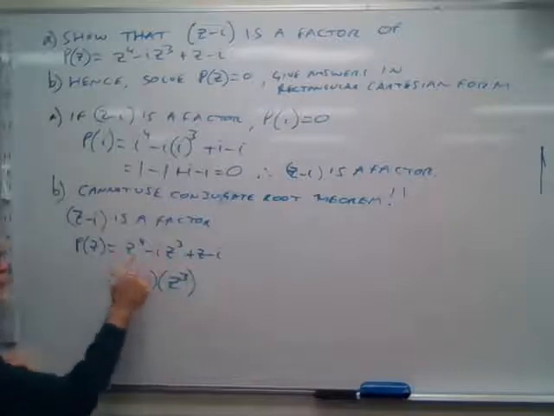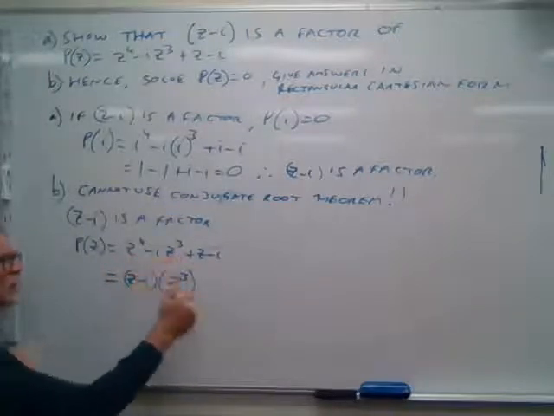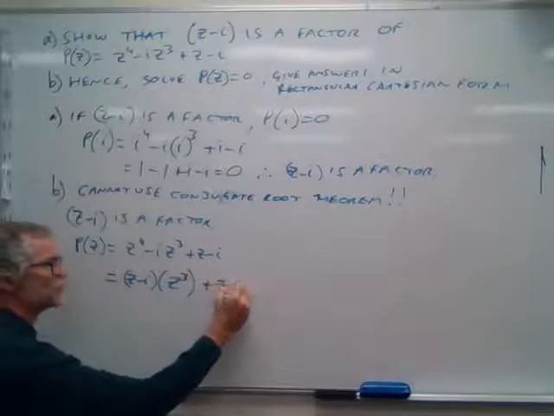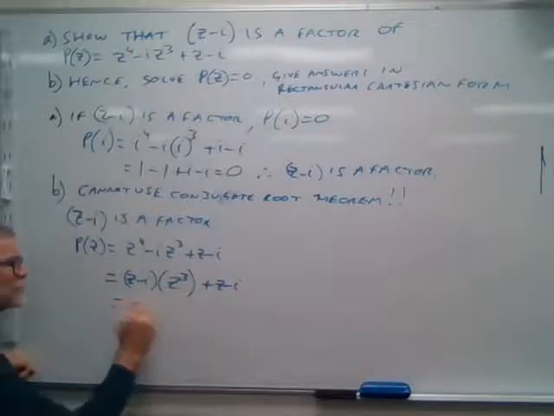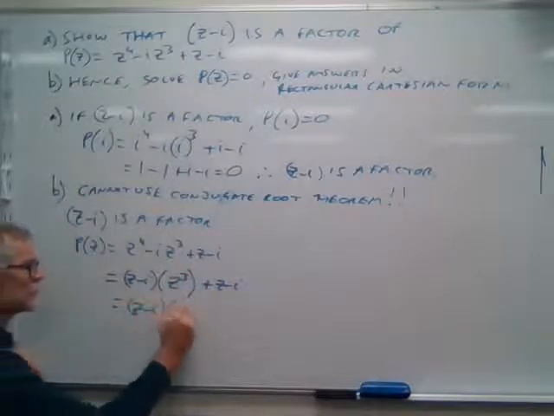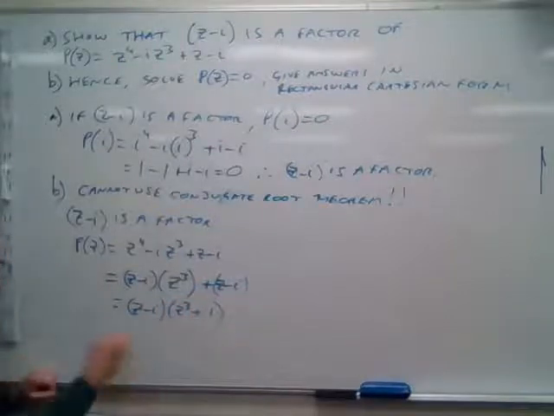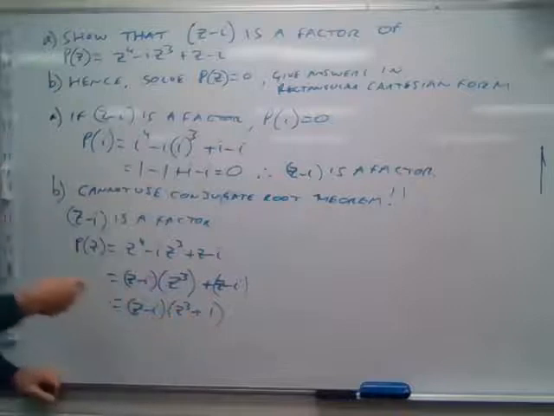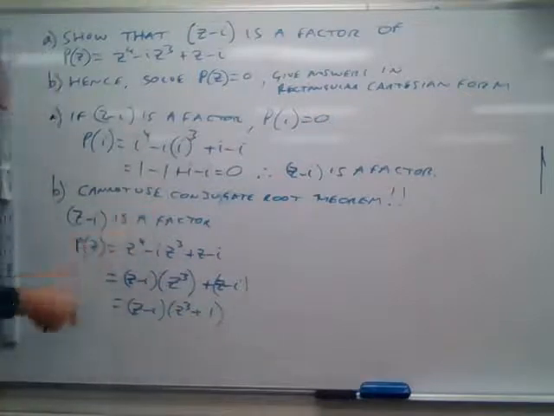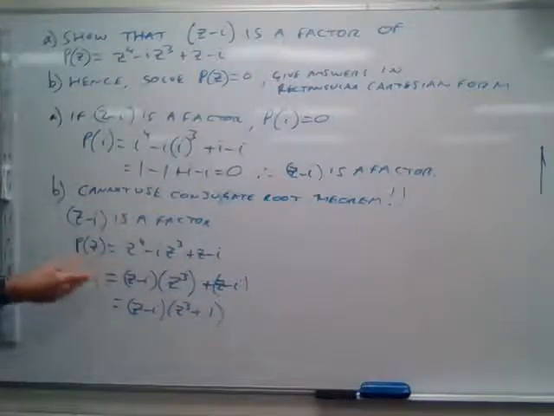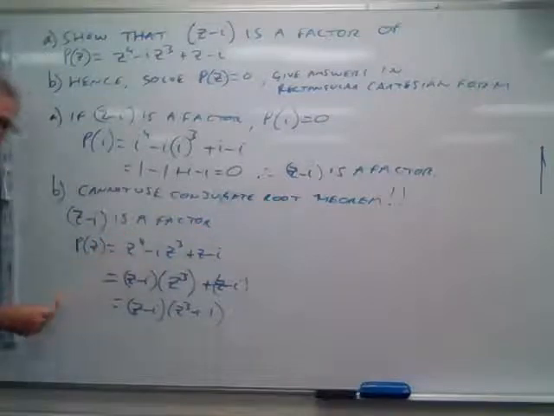That would give me Z to the 4 and the minus I Z cubed. And then you've got plus the Z minus I, and then we can factor out Z minus I with Z cubed plus 1. And that's it factorized. Or you could do long division. So that way is nice, but only nice if you just see it, just by looking at it.